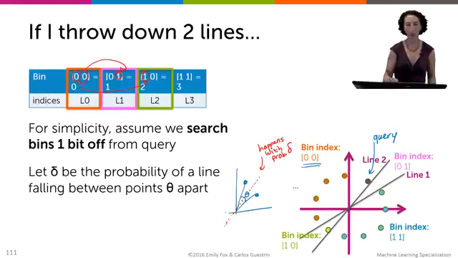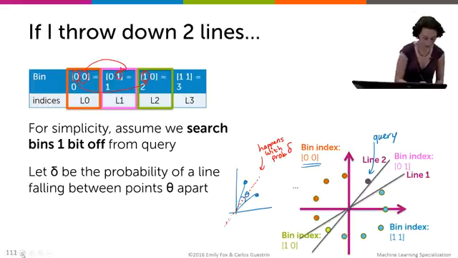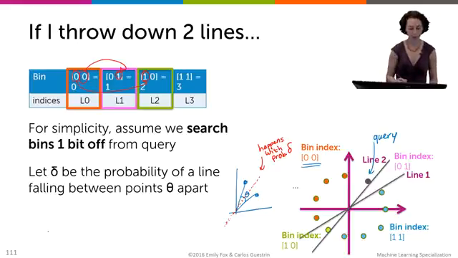And so we can think through what delta is. So if this line is just uniformly placed between, let's say, 0 and pi, so once we get to the other side, we start wrapping around if you think about visualizing it. But you can say that the probability of falling within some little region theta is just theta divided by pi. So that would be one example of this probability delta, but let's just generically say that we have probability delta of falling in this range.